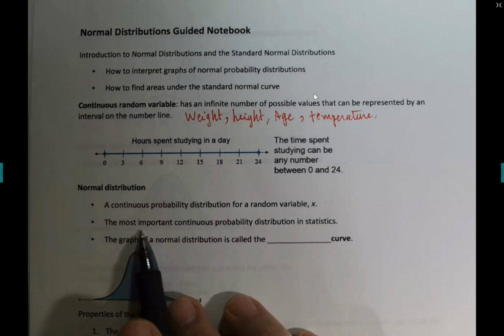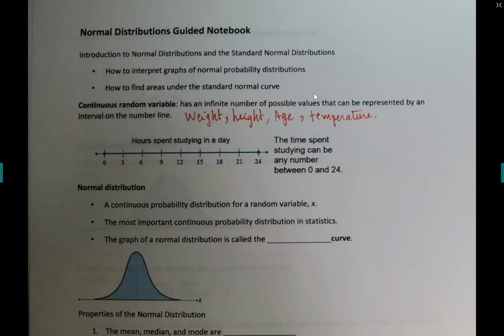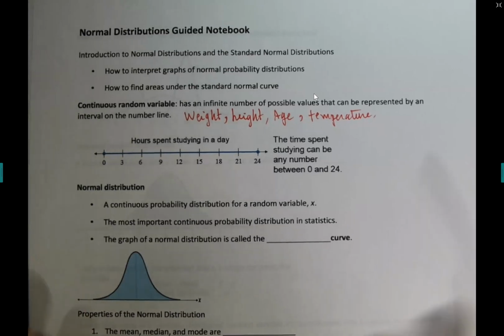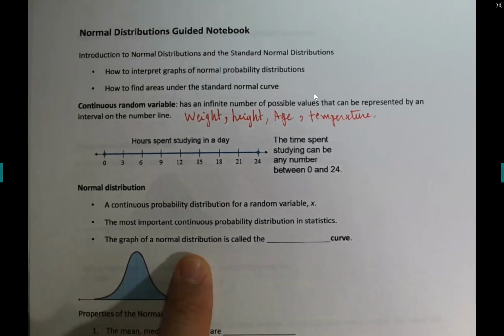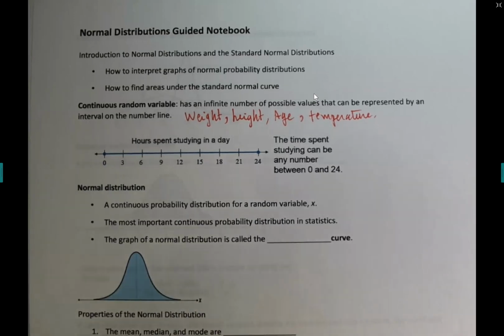And they call them the most important continuous probability distribution in statistics. Can you guys help me complete this one? The graph of a normal distribution is called, who's going to tell me the name? I gave you the name earlier. Okay, let's see in the chat. Normal curve, yes, or bell-shaped.